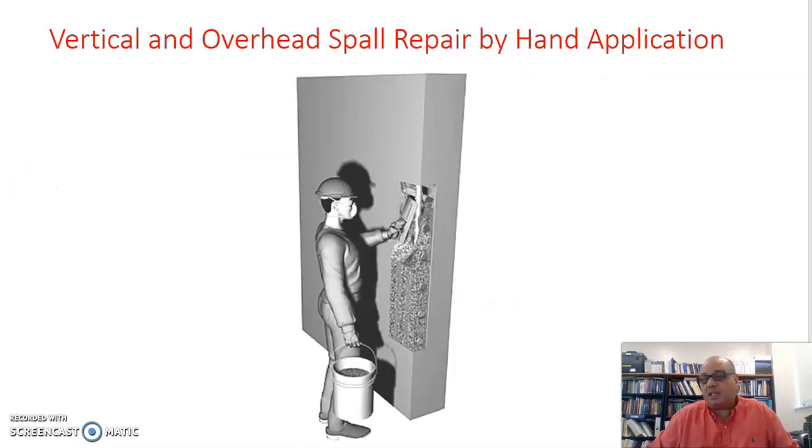The other thing is vertical and overhead spall repair by hand application. It's similar to the form and pour that we mentioned earlier, but this is using hand application, and that has been used extensively in many repair incidents to repair vertical and overhead surfaces for columns, walls, beams, soffits, and the facade of the structure. You can see that over and over.